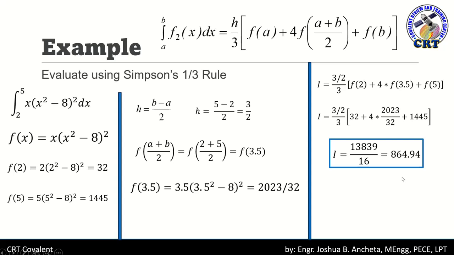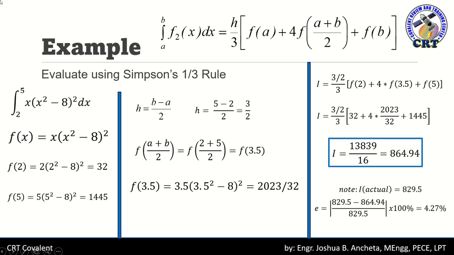This is considered our first iteration. Solving for the error, for Simpson's one-third rule, our first iteration, the error is 4.27%. This is a very small error.